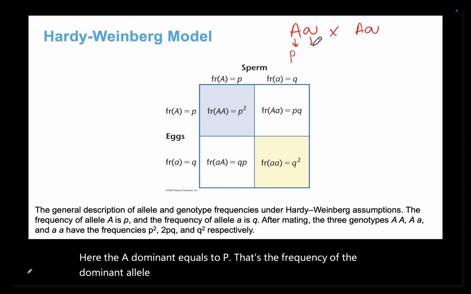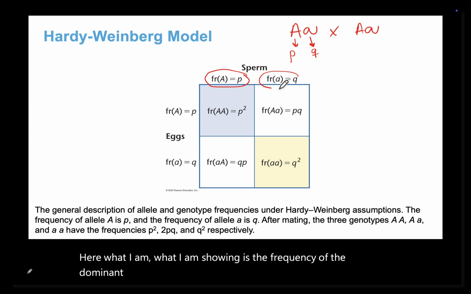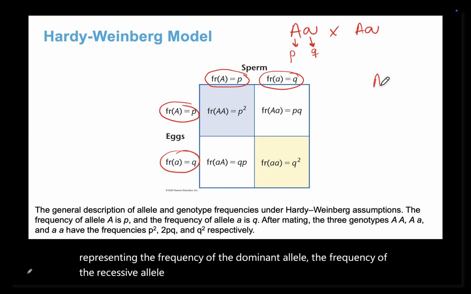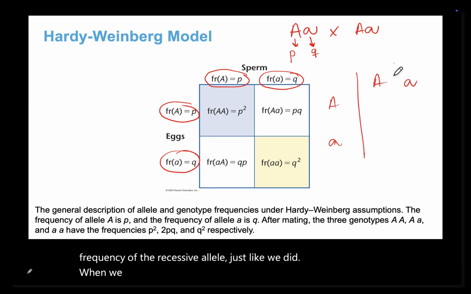The frequency of the recessive allele is given by Q. Here, what I am showing is the frequency of the dominant allele and the frequency of the recessive allele. Here I'm also representing the frequency of the dominant allele, the frequency of the recessive allele. Just like we did when we did our monohybrid crossing, okay?